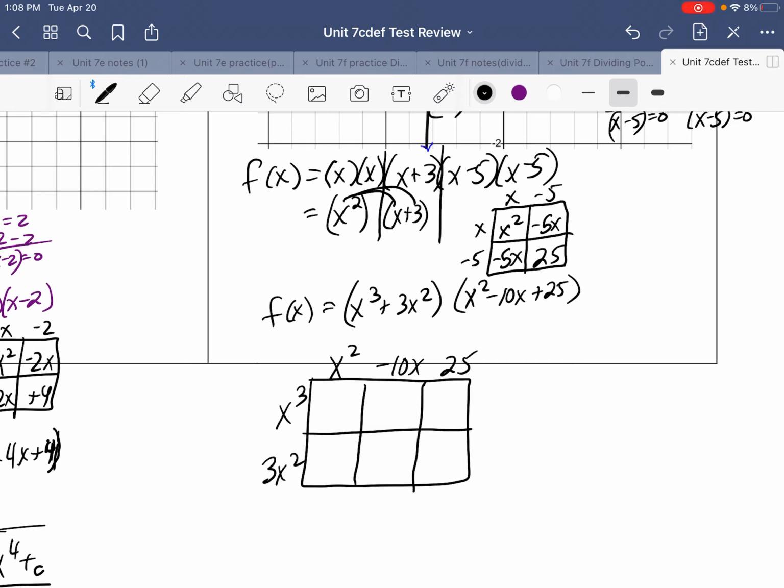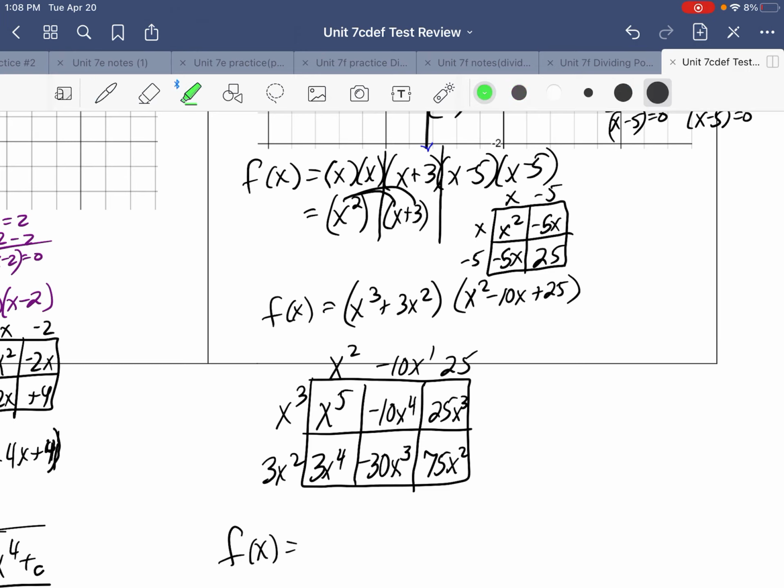So x cubed times x squared, like bases add exponents. Like bases add exponents again. 25x to the third. Like bases add exponents, so to the fourth, add exponents, multiply the coefficients, x to the third, and 75x squared. Let's look at our like terms, put them together, and we are done.